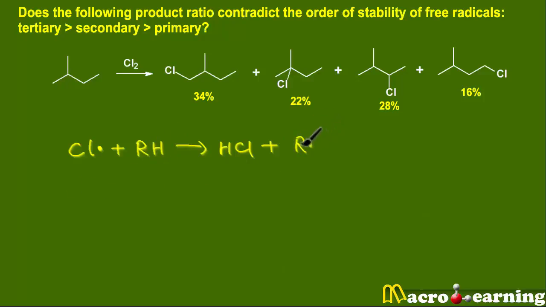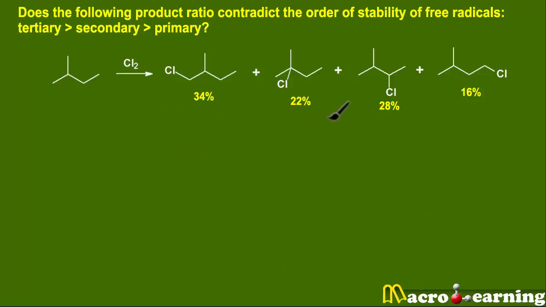So the question can then be translated into: do these numbers, these product ratios, contradict the order of reactivity of the different types of hydrogens, which is that tertiary hydrogens are most reactive, followed by secondary, and primary is the least reactive?